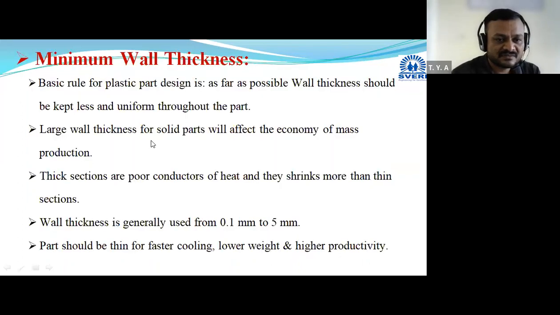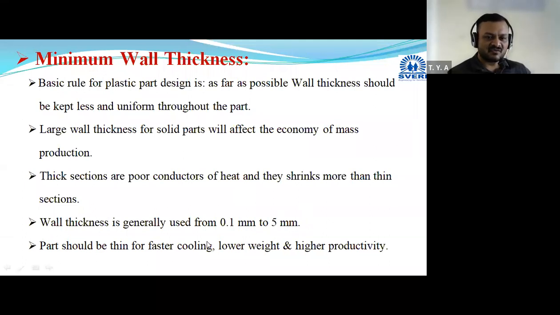So I have summarized here the minimum wall thickness part. Basic rule is, as far as possible, wall thickness should be kept less and it should be uniform throughout. Large wall thickness for the solid parts will affect the economy of mass production. Thick sections are poor conductors of heat and they shrink more than the thin sections, so sink marks will be more.